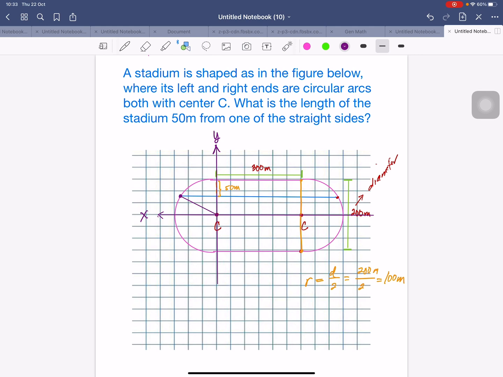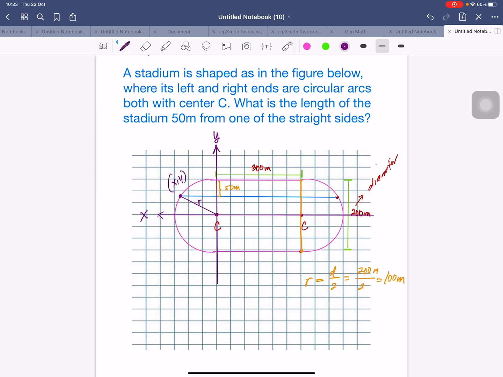So this is your r, which is equal to 100 meters.